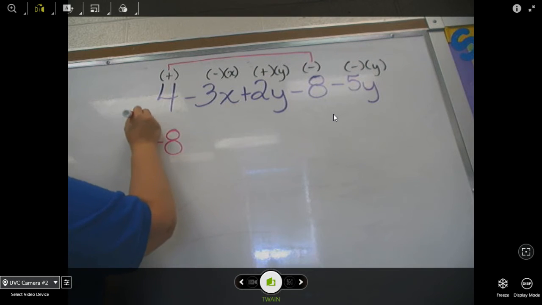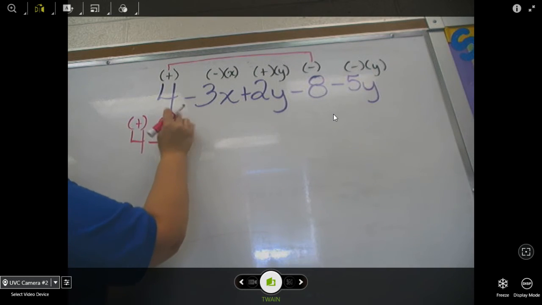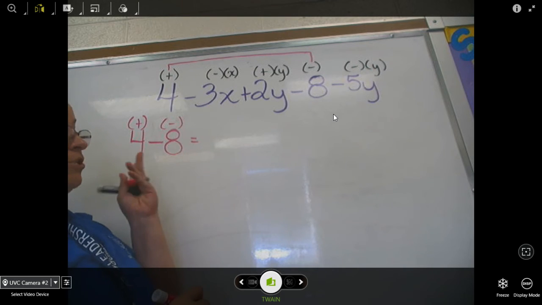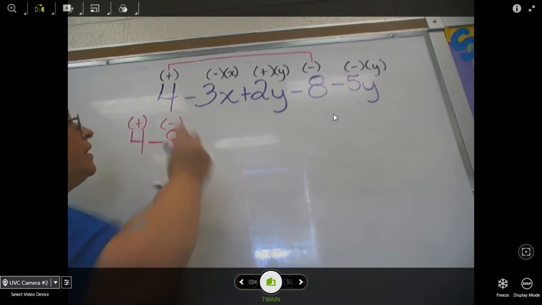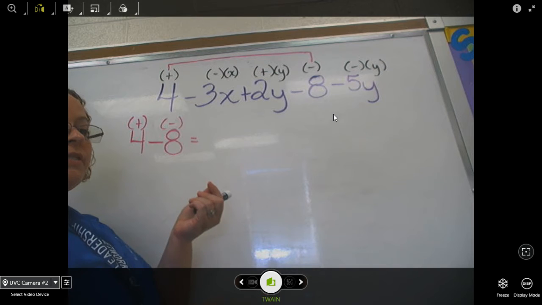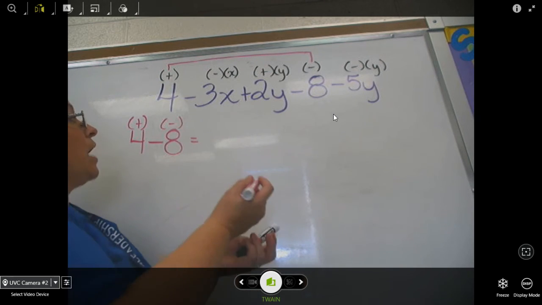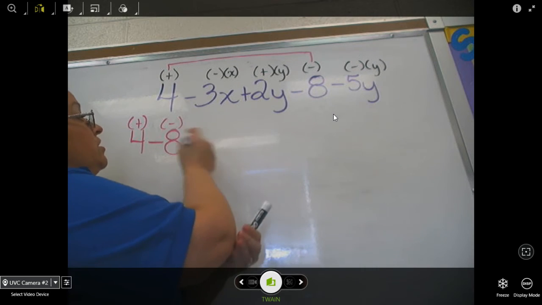Bring your signs with you. Now, remember your sign rules. I told you they were going to be here forever, right? When my signs are different, what operation do I use? I subtract. So I'm going to subtract these two.